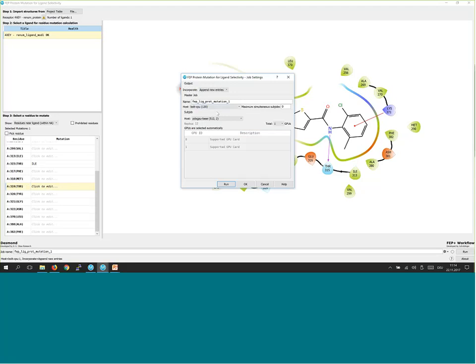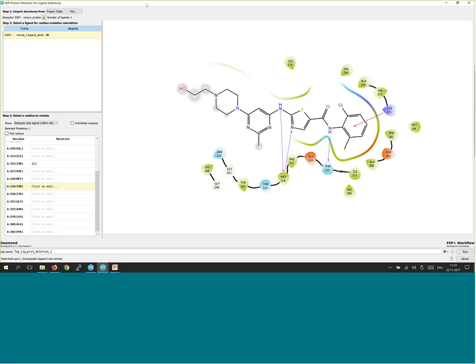Ligand selectivity calculations require a CPU host to control the calculation and a GPU host on which the actual MD simulations are going to be run. So I'm not going to run the calculation, of course, as it would take a bit of time, but that's already everything that needs to be done within the setup.